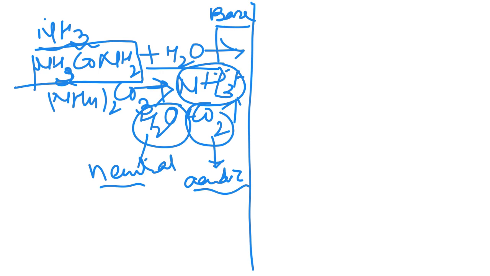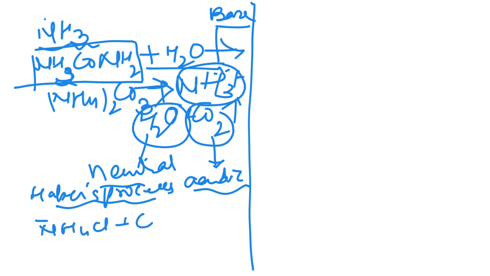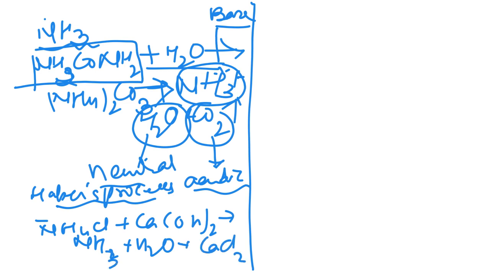Next method is Haber's process. We already saw it in the properties of nitrogen. Then on a small scale, you can prepare it from the ammonium salts. For example, ammonium chloride, if you react it with the base, then you will get ammonia plus water plus calcium chloride.